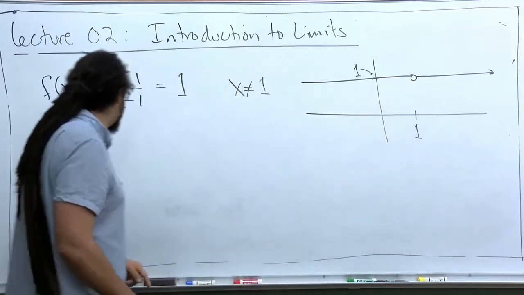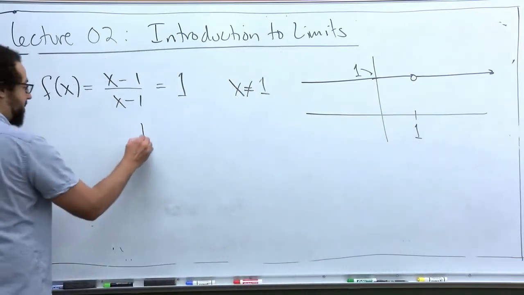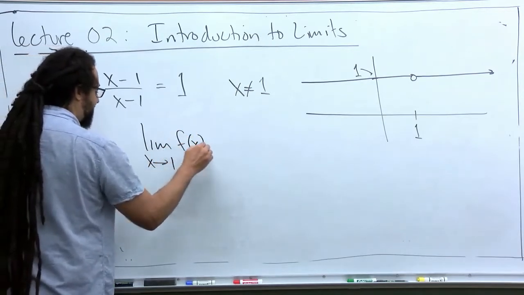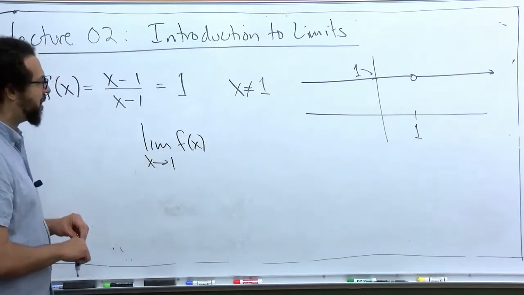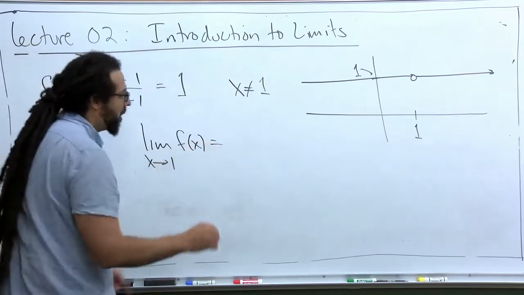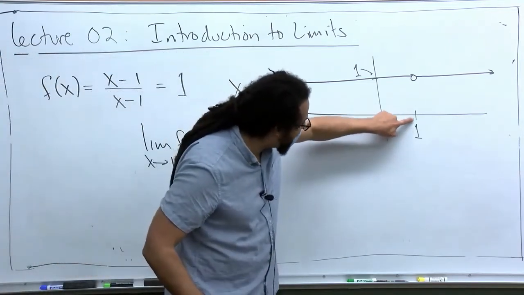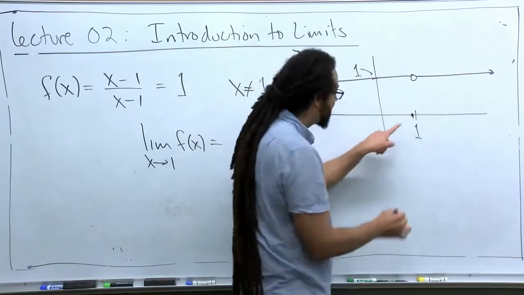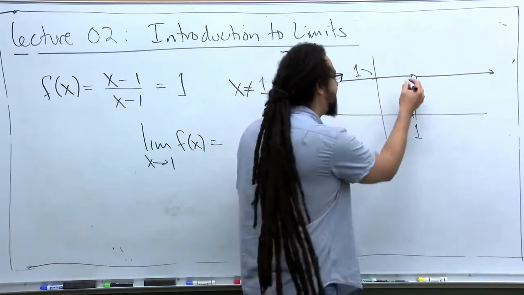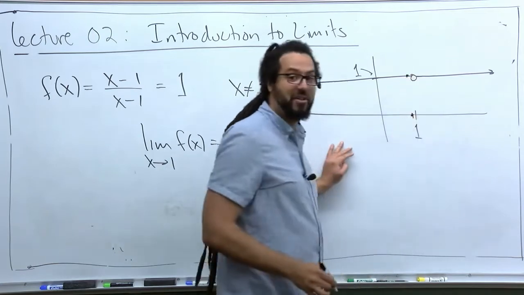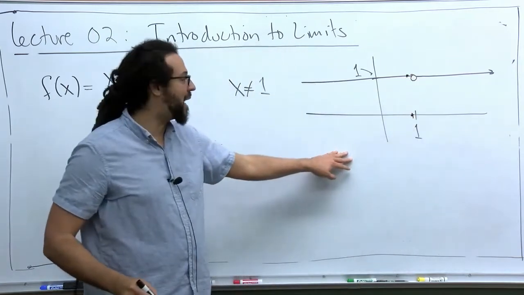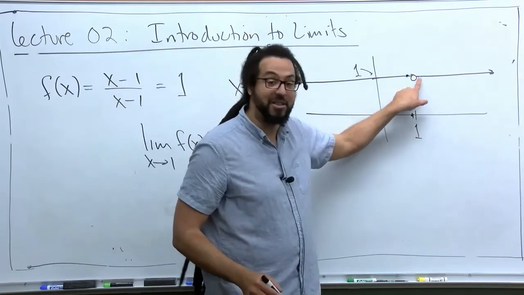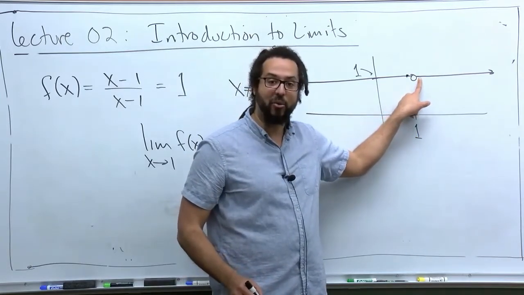So the question is, what is the limit as x approaches 1 of f of x? Well, you can see when x is very close to 1, if I take an x right here and plug it into the function, I'm going to get a height, or a y value, of y equals 1. If I choose an x over here and plug it into the function, I'm still going to get a height of y equals 1.